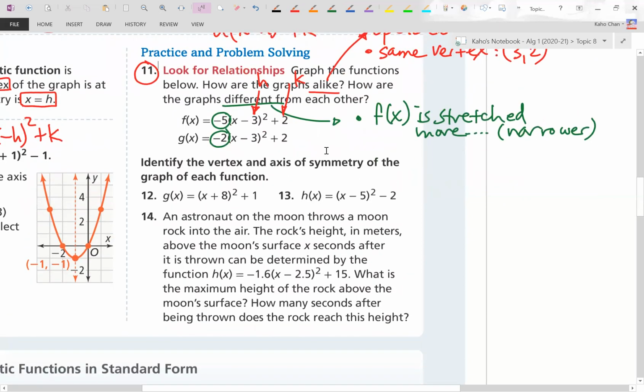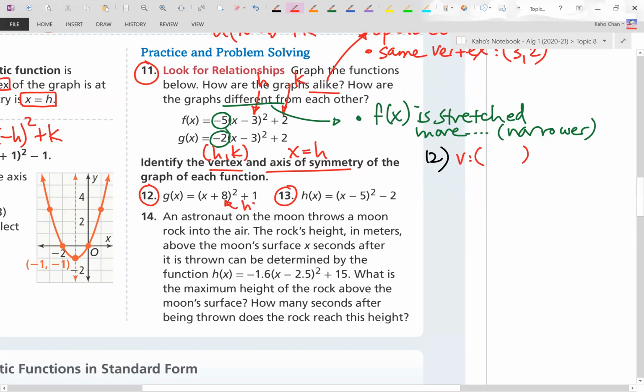Number 12. They're looking for the vertex and axis of symmetry. Vertex is at h, k. Axis of symmetry is x equals h as a formula. So let's do number 12 here on the right. The vertex is staring at us right now. H is right there, and you got to think of minus h.